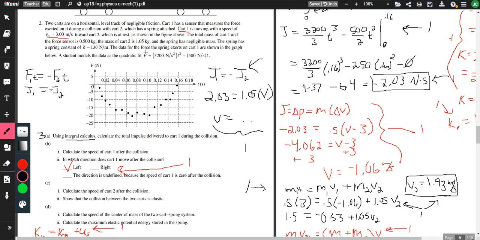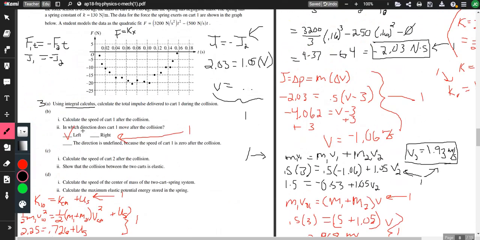Actually, now that I'm thinking about this, it wouldn't be a lot easier because you'd have to take the derivative of this in order to find where the max value actually is, and then use that in the F x equals kx equation. Yeah, so actually, I think this one's probably the easiest way.